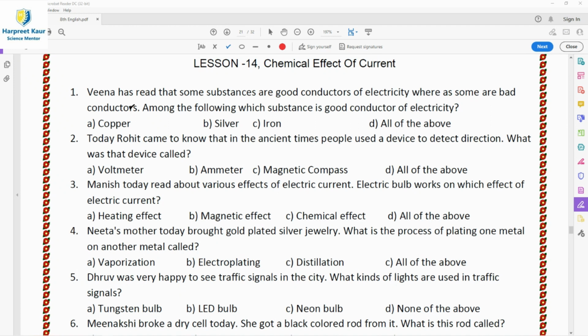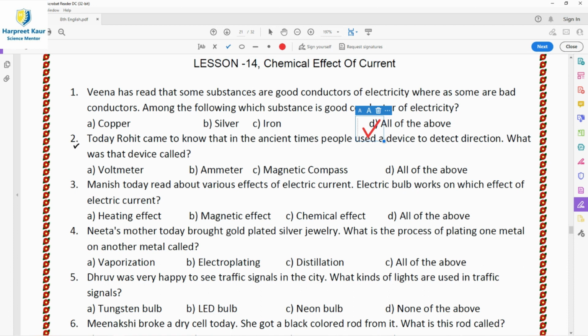Mostly all metals allow electricity to pass through them very easily, so they are good conductors of electricity. Here we have option A copper, B silver, C iron, and these are all metals. So our answer would be option D, all of the above.